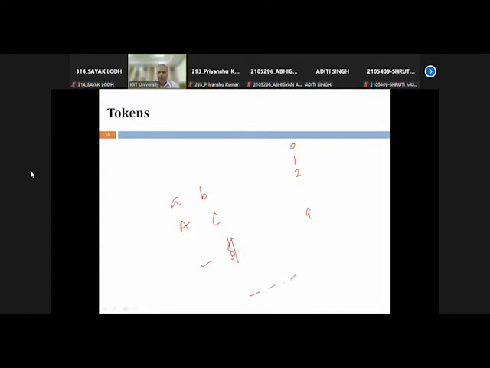The first character should be a non-numeric character, either A, B, C, like this, followed by any number of characters or digits. They can either be 0, 1 or A, B, C, D.